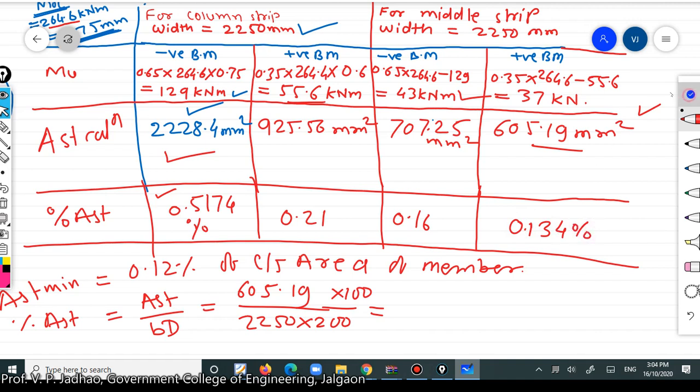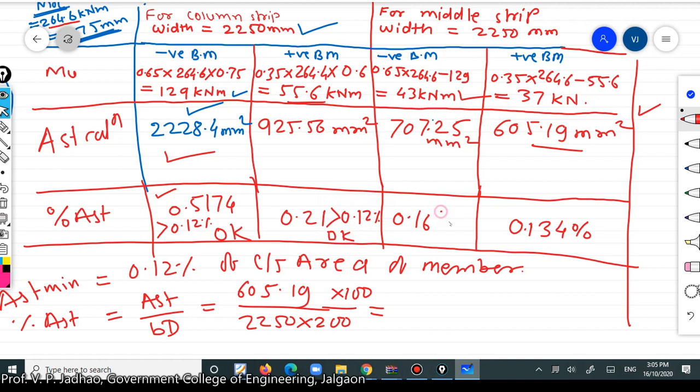0.134%. Now you can see here all these percentage AST are more than 0.12%, that is AST minimum, hence okay. This is more than 0.12%, hence okay. This is again more than 0.12%, and hence it is okay.